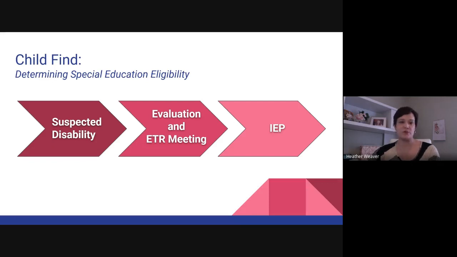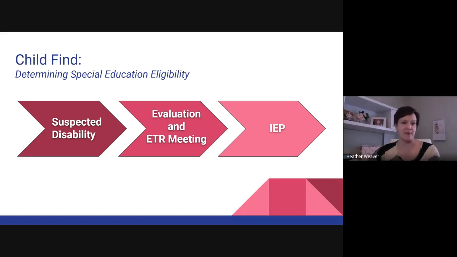Each of those components is broken into a number of smaller components. But the first section there is what we refer to as suspected disability. Before the school is permitted to refer a student to our school psychologist for a special education evaluation, we have to be able to provide data that shows why we suspect the student might have a disability.